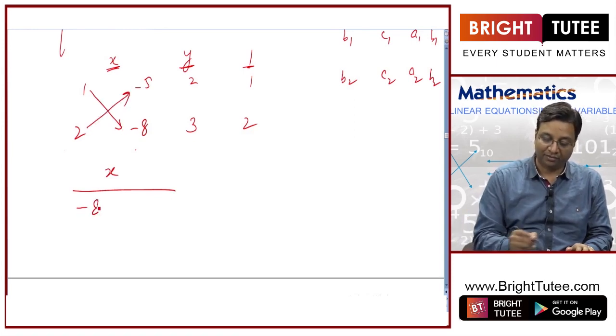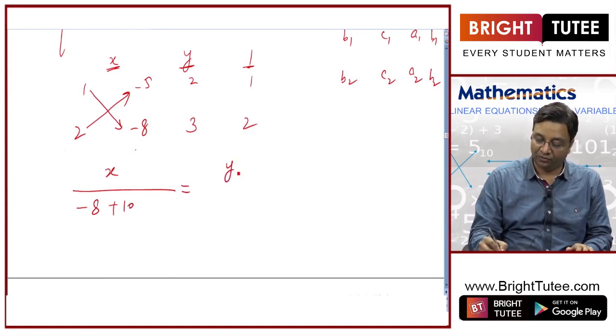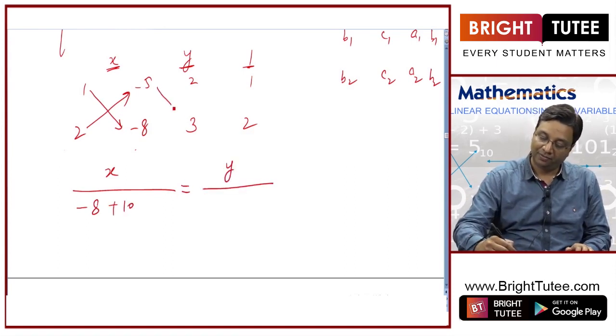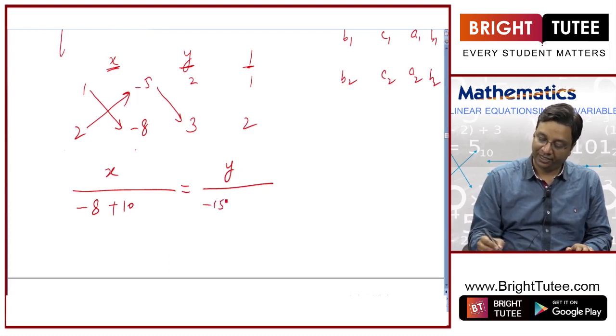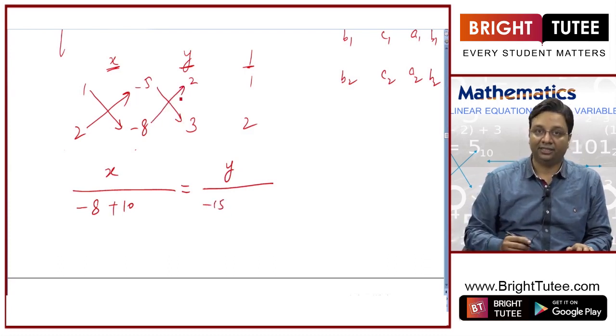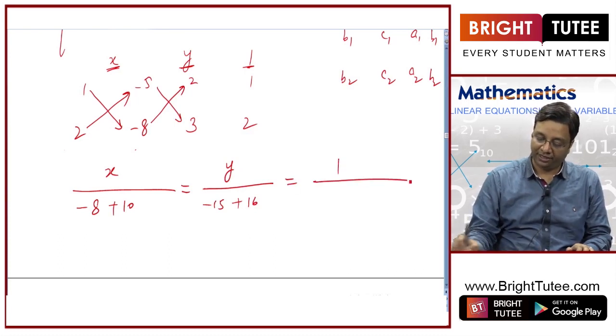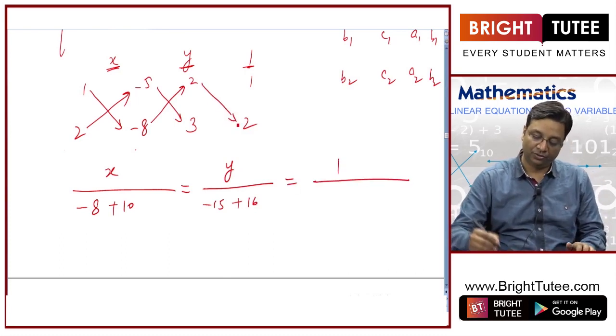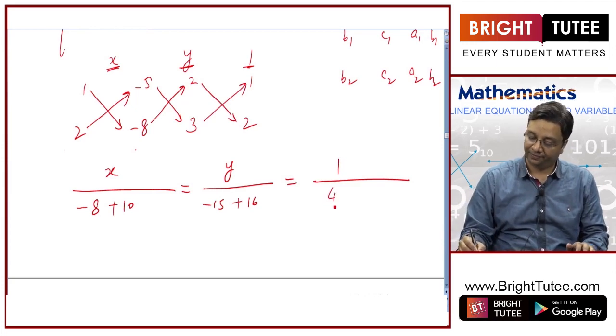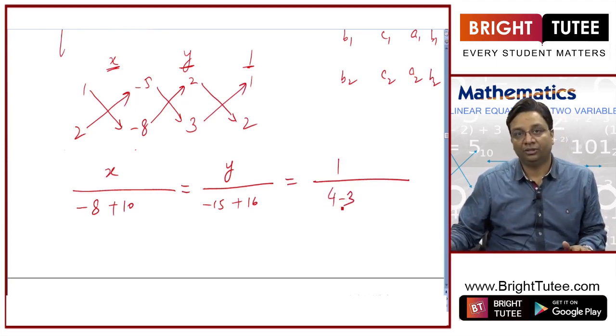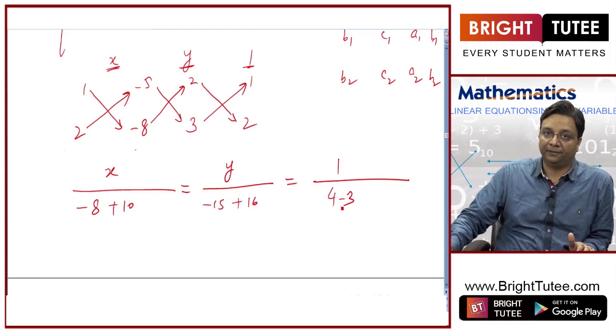So x, this is minus 8 and this is minus 10, right? So minus 8 minus of minus 10, that is plus 10, is equal to y divided by minus 15 and minus of minus 16, that is plus 16, and 1 divided by 2 into 2 is 4 minus 3. This is how simple it is, cross multiplication method.